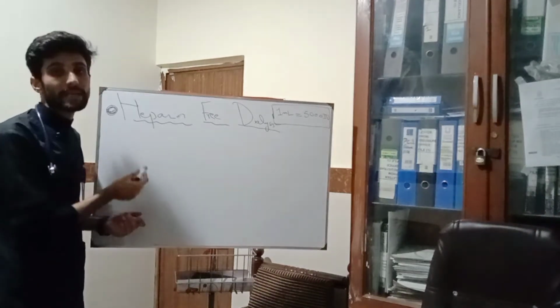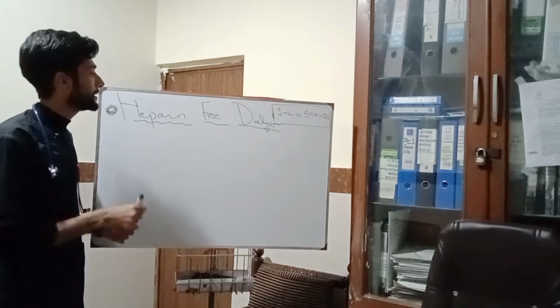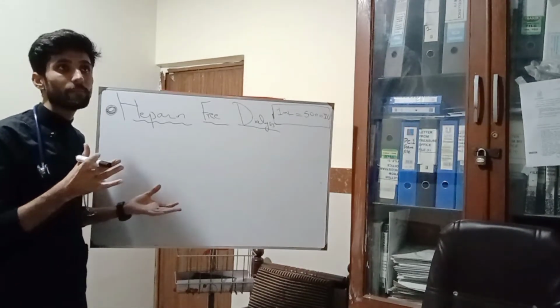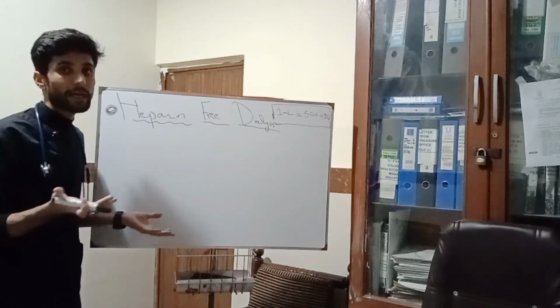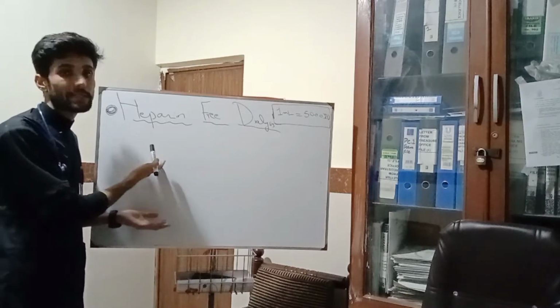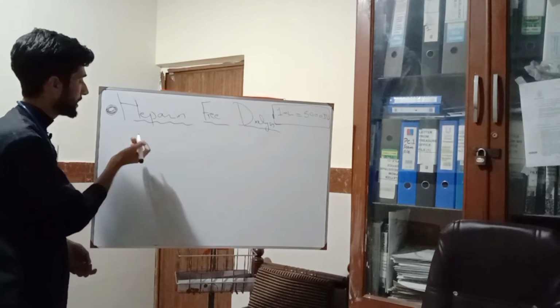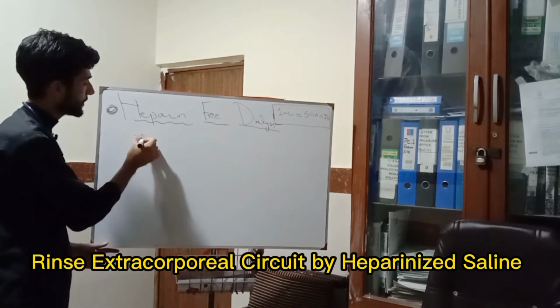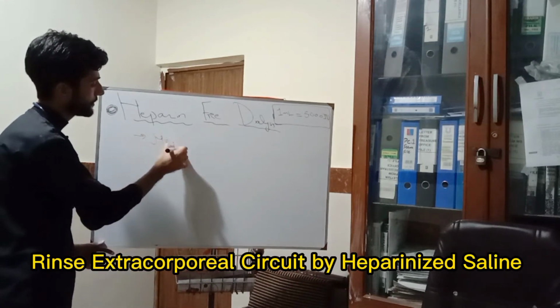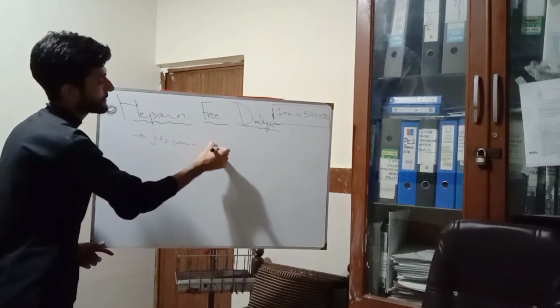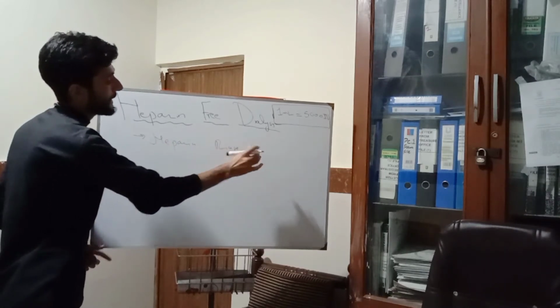There are various indications of heparin-free dialysis: if the patient has recently had some surgery or there is some active bleeding in the patient, then we have to do heparin-free dialysis. So in heparin-free dialysis, we have to rinse the extracorporeal circuit.